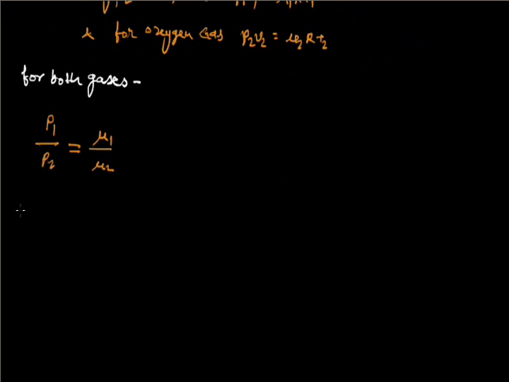So again, the ratio of their partial pressures can be written as P1 upon P2 equals 3 upon 2, that is given to us, and that ratio will also be equal to the ratio of their molar concentrations in the same volume of sample.